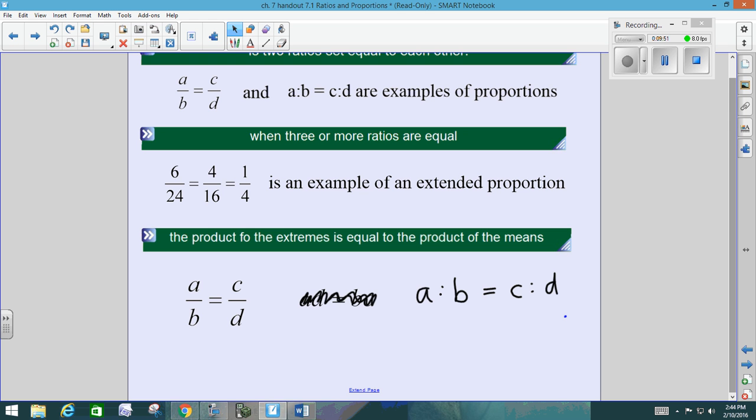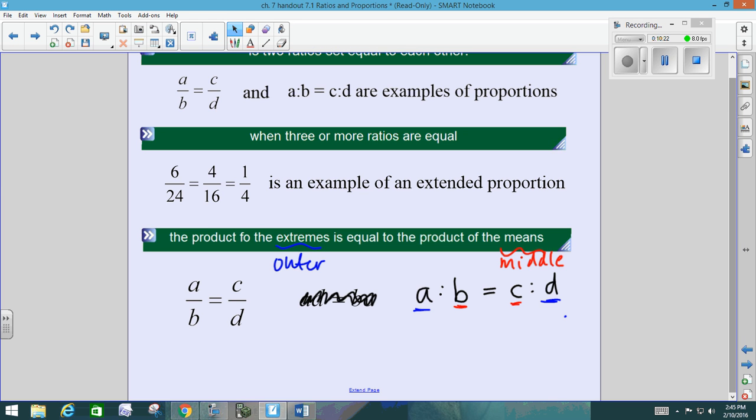Those are the outer parts of your proportion. The means are the terms in the middle. So your extremes are going to be your outer terms. Your means are going to be your middle terms. When you write it with a colon, which two terms are on the outside of this proportion? A and D. Those are your extremes. Which two are in the middle? So these are your means.